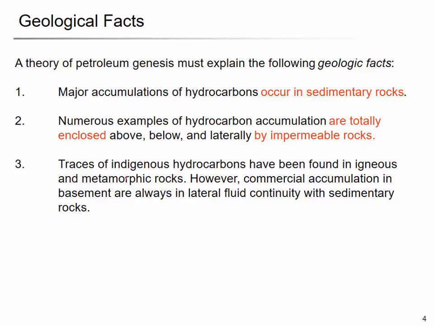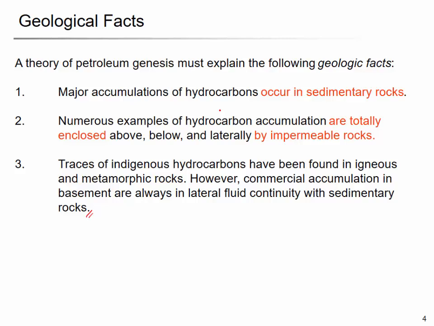Traces of indigenous hydrocarbon have been found in igneous and metamorphic rocks. However, the commercial accumulations in basement are always in lateral fluid continuity with the sedimentary rock. So what it says is that you may find some very small amount of hydrocarbon in metamorphic and igneous rock, but in that case the geologic structure is always associated with a sedimentary basin.